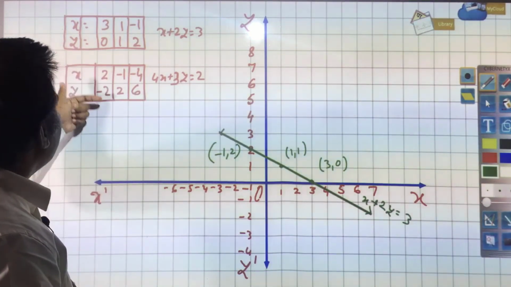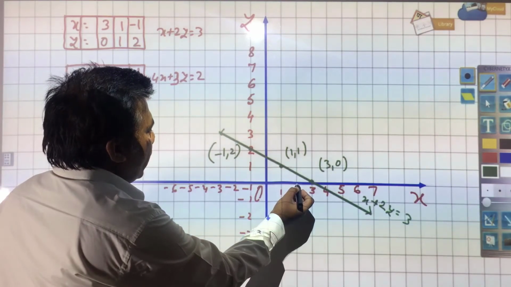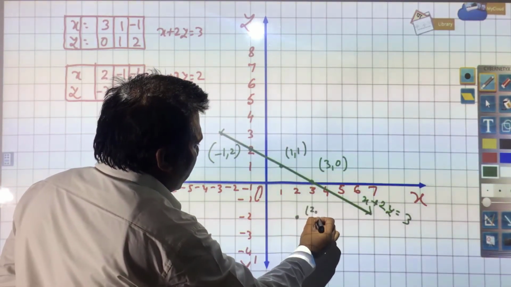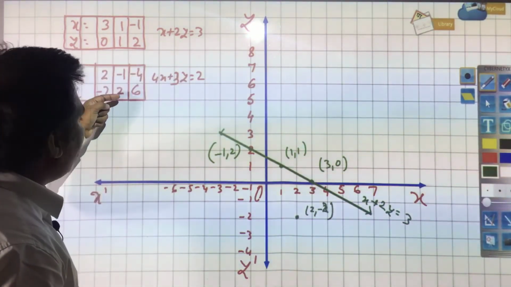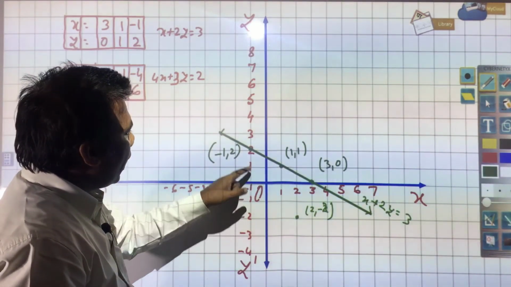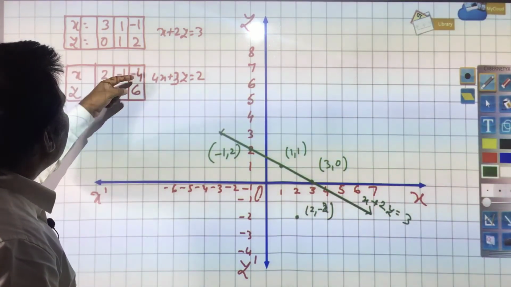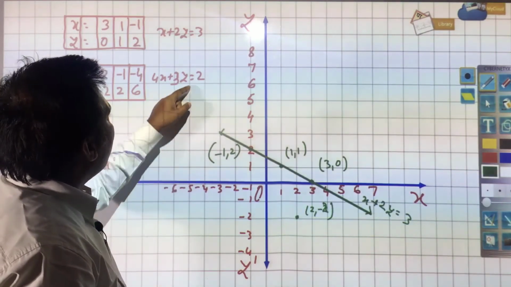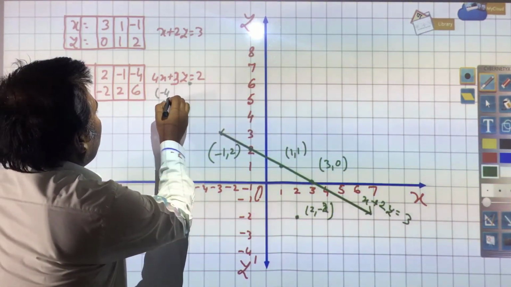Your coordinates are (2, minus 2): x is 2 and y is minus 2. Then you have (minus 1, 2), the same point as before, and (minus 4, 6).